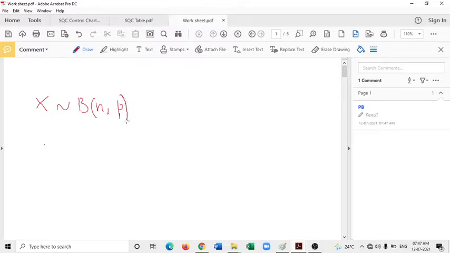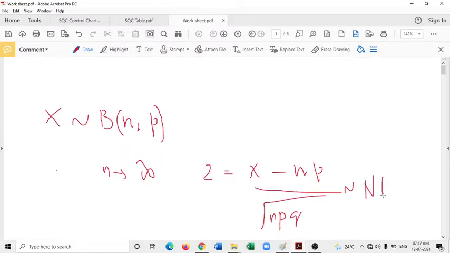Again, we have found that when n tends to infinity, Z equals X minus np divided by root npq follows N(0,1). This is possible when n tends to infinity.